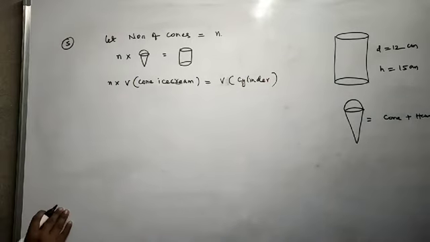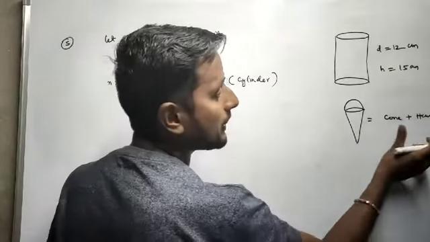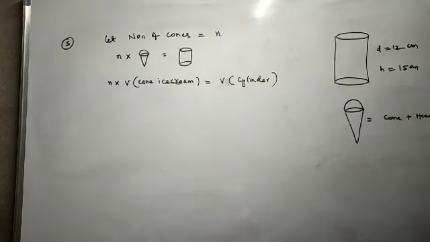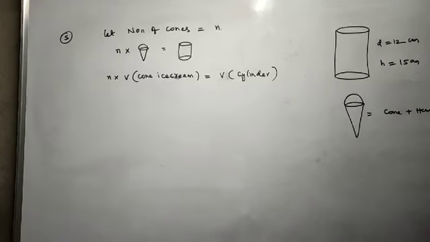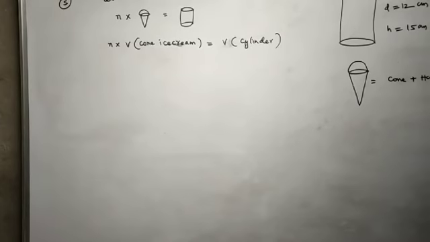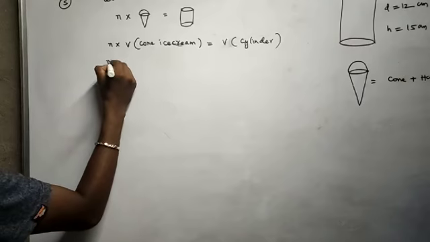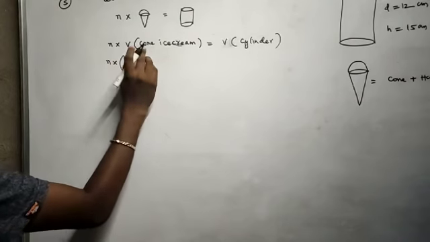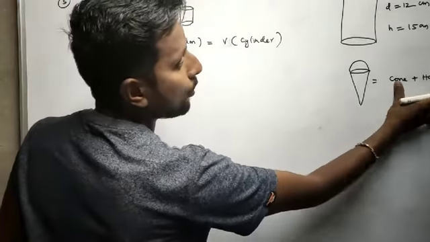Just before, I told you cone ice cream is nothing but cone and hemisphere. So here we are going to find the volume of individual figures. Now n into, cone ice cream is cone plus hemisphere.